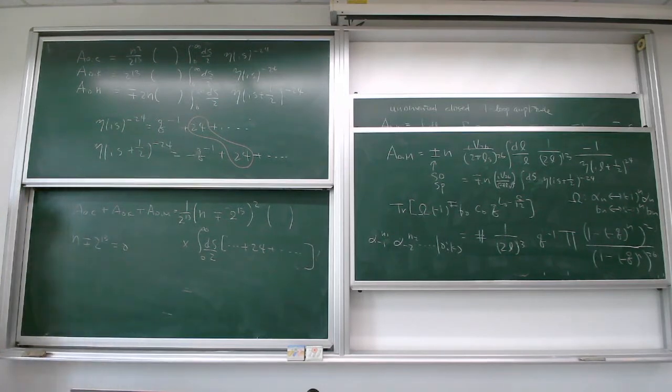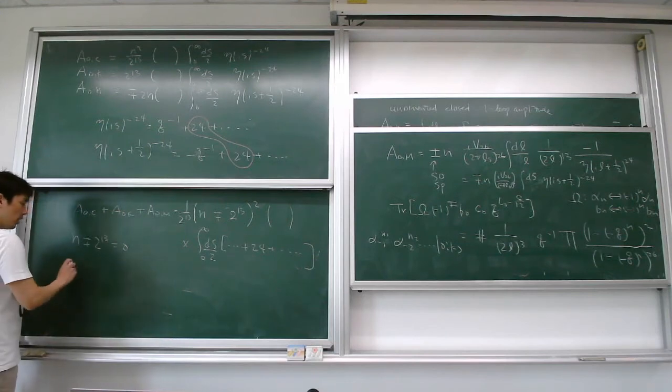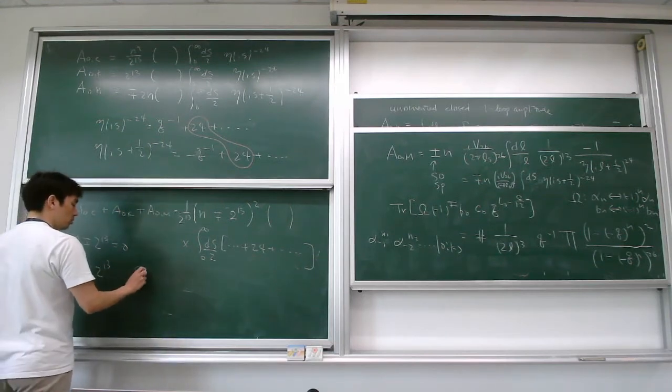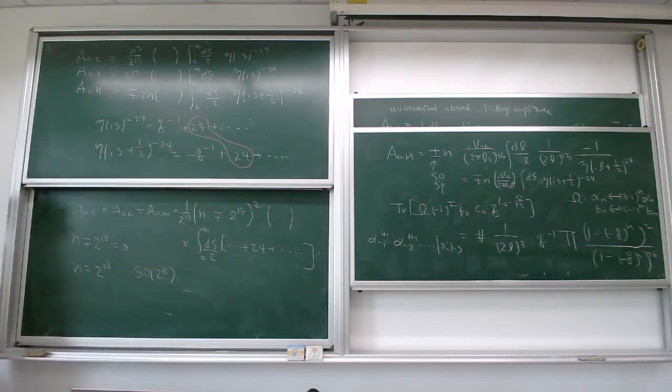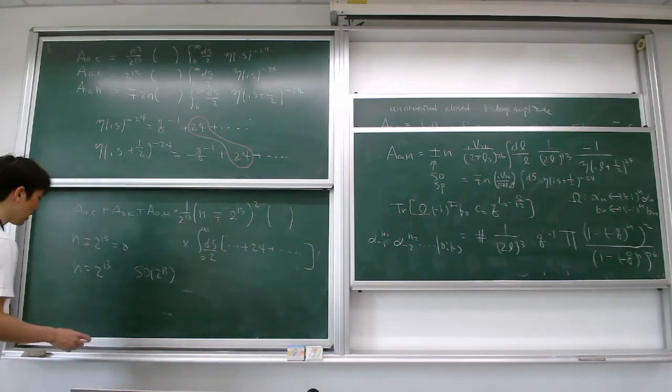And since n always has to be greater than 0, it has to be equal to 2 to the 13. So therefore, to get rid of the divergence, you should have 2 to the 13, epsilon extreme.